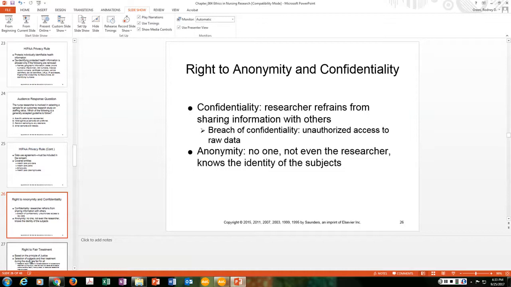A breach of confidentiality, unauthorized access occurs. Unauthorized access to raw data occurs. And anonymity, no one, not even the researcher, knows the identity of the subjects, if it is anonymous.